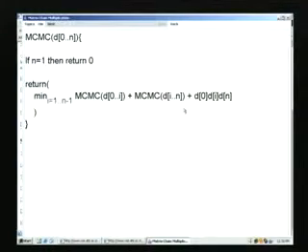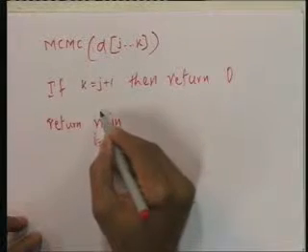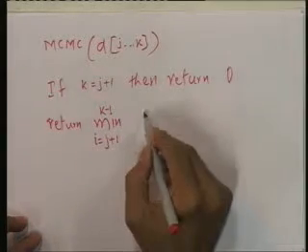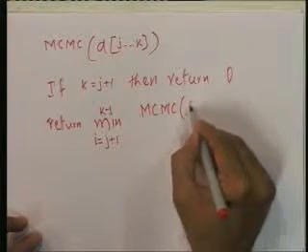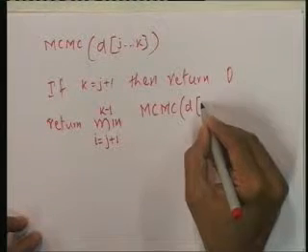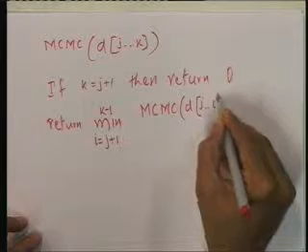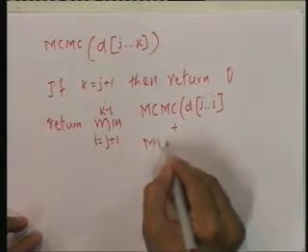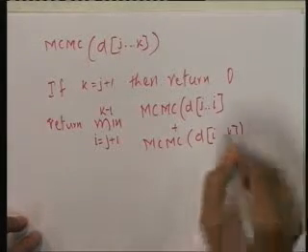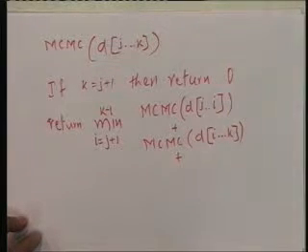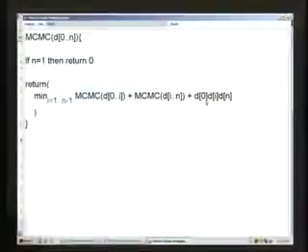Okay. So, MCMC when called on d j k will work something like this. It will return the min over i going from not 1 to n minus 1, but instead it will go from j plus 1 to k minus 1, okay, and it will compute MCMC of d of j i plus MCMC of d of i k, okay, plus instead of this we are going to have the corresponding right bounds.